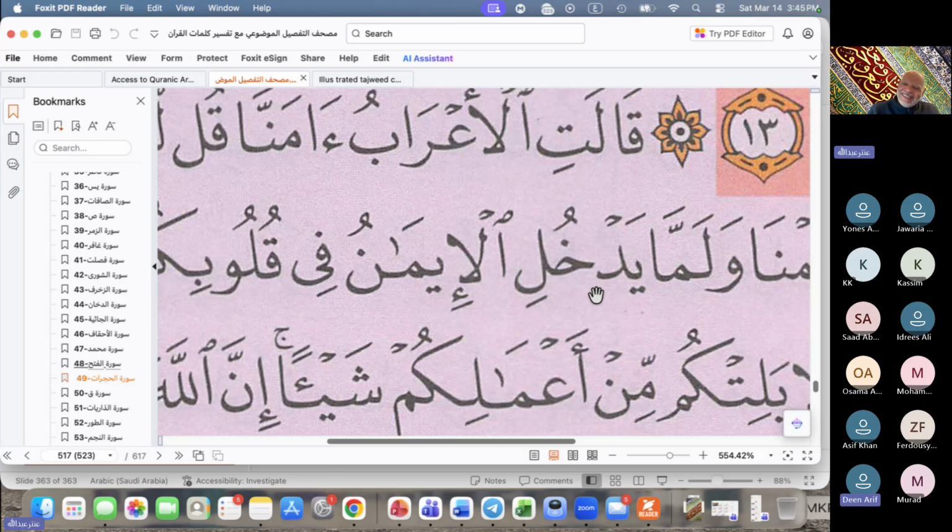Is it the kasra? Yes, but the kasra is not a marker of the verb. We cannot put a kasra on the verb. We know that this is a verb, يدخل. So why is a kasra here? Yes, this is for tajweed. So in fact, this is a sukun. لم يدخل, this is a sukun. But the word ends with a sukun. The next word, what is the first letter to pronounce?